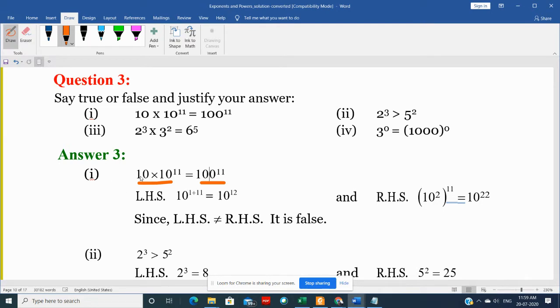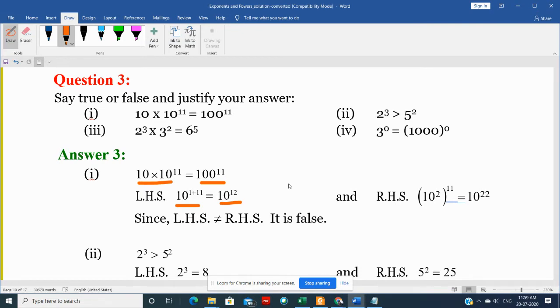So if you see this 10 raised to 1 and 10 raised to 11, so naturally the solution of LHS would be 10 raised to 1 plus 11, which comes to 10 raised to 12. And RHS is, if you compare them, see, you can't write 111 times, alright?